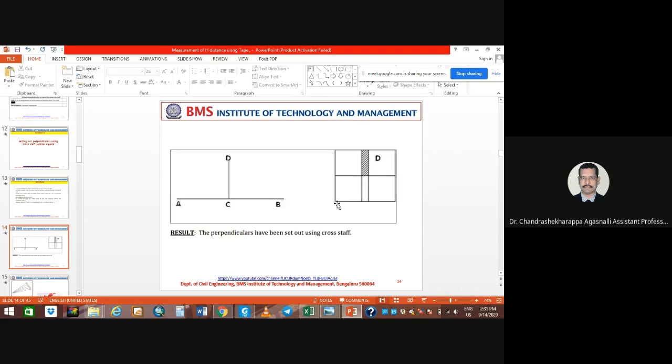This time you hold the crossstaff here and align the intermediate points and the end points properly. For each grid you have to do the intermediate points, so that you can fix the 90-degree angle perpendicular and easily get a proper survey.